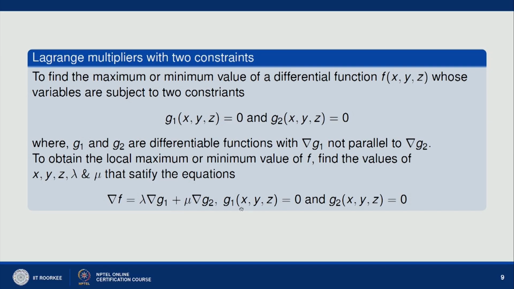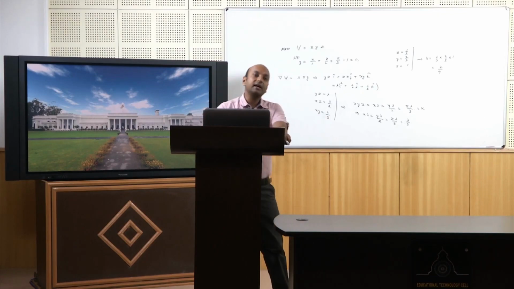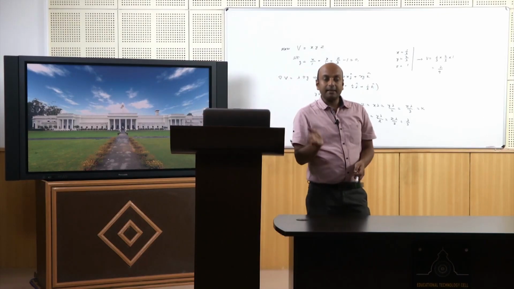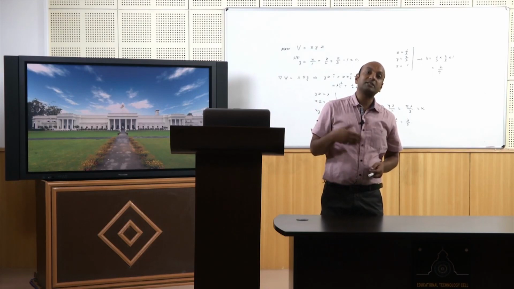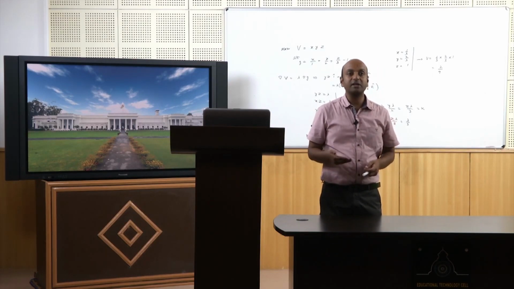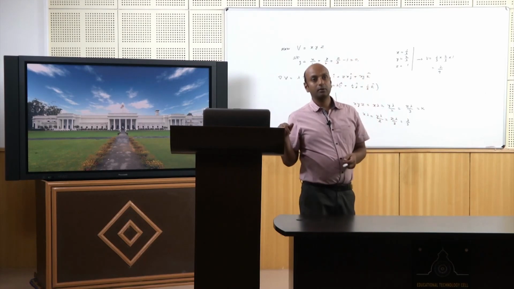And the constraint conditions must also hold. That is, we take the gradient of f as a linear combination of the gradients of the constraints, gradient g1, gradient g2, gradient g3 and so on.